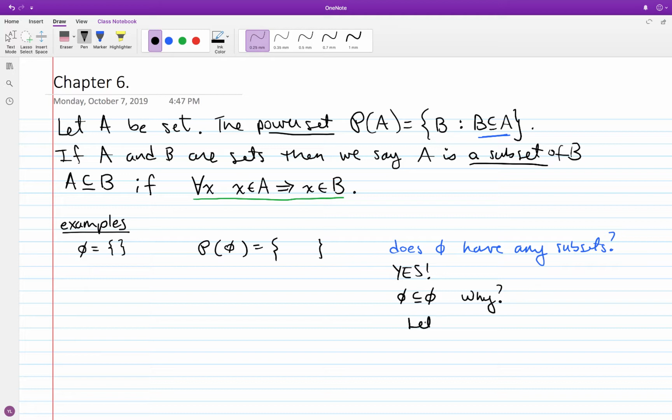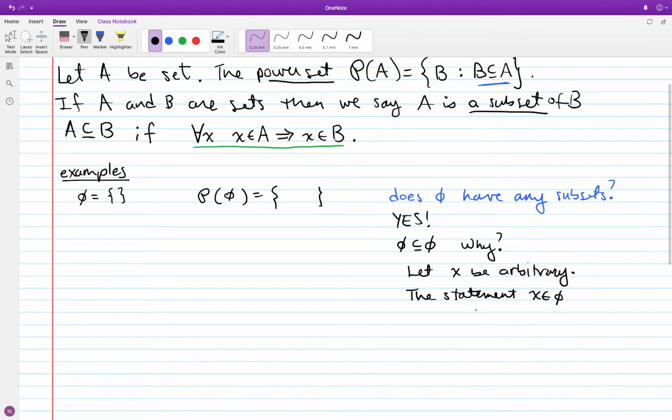Let X be arbitrary. Look, the statement X is an element of the empty set, that would be like this part of the conditional, that statement is false for all X, right?